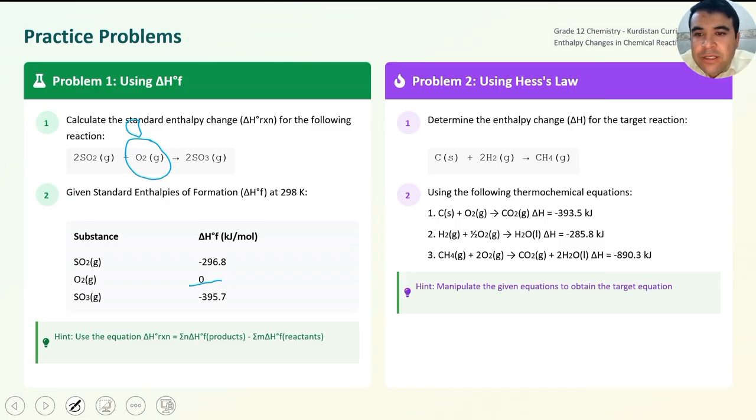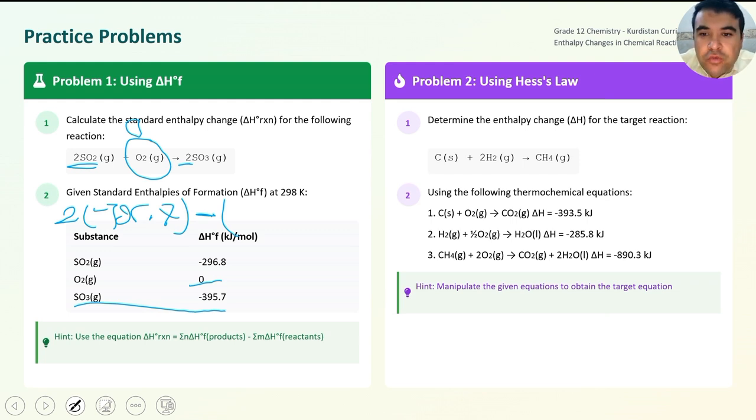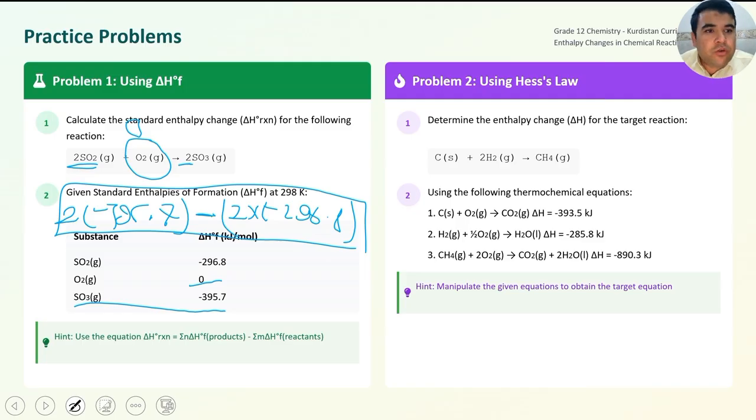SO3 is in the product, so the enthalpy of SO3 is given to us, but multiplied by 2 because its coefficient is 2. 2 multiplied by minus 395.7, minus SO2, whose coefficient is 2 as well: 2 multiplied by minus 296.8.